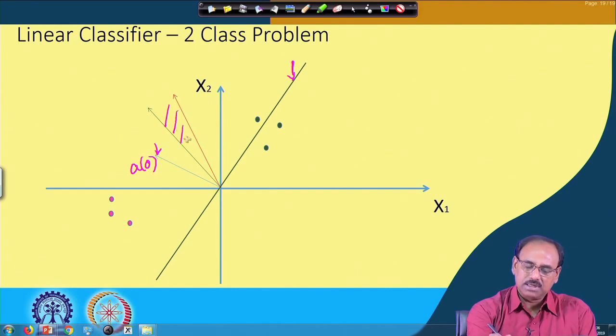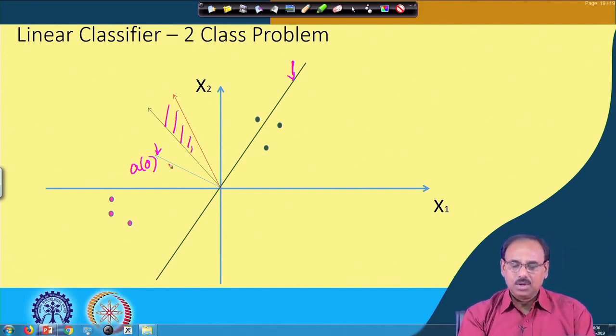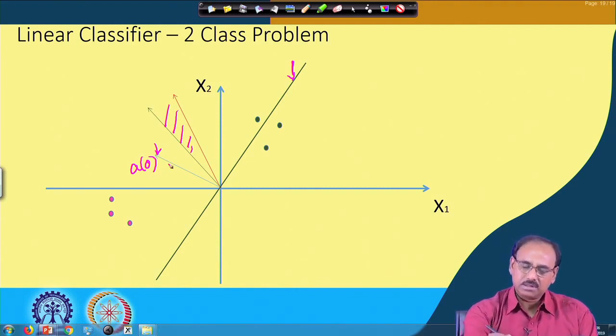So, naturally I have to modify this solution vector A 0 so that it is moved towards the solution region over here.